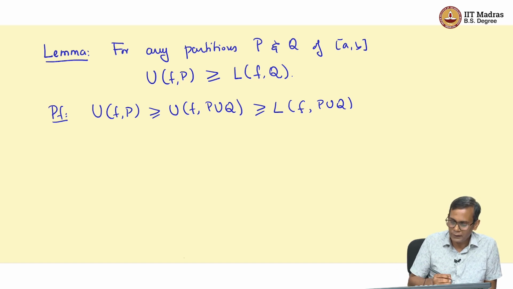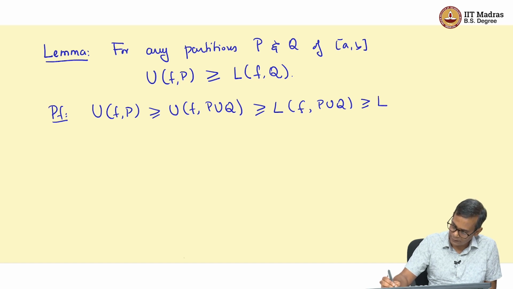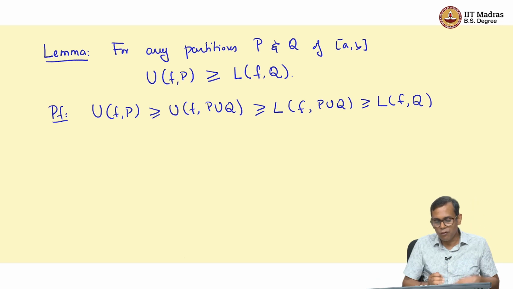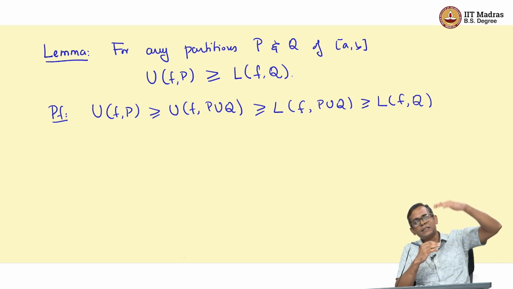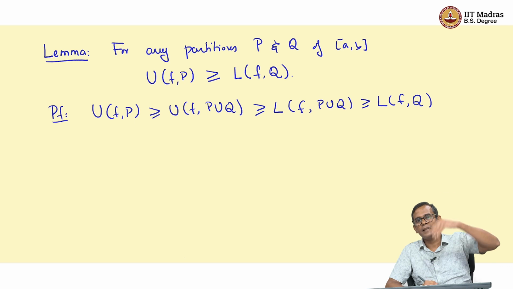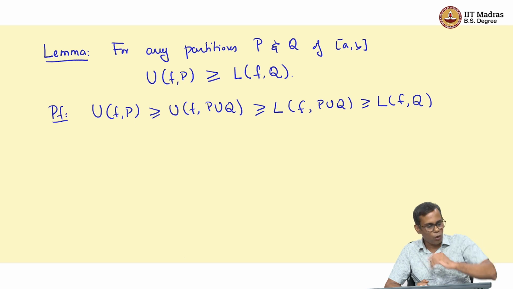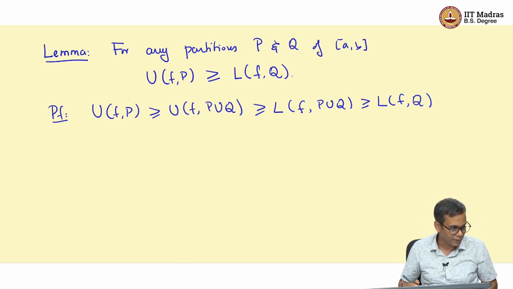And then again, by the previous lemma, P union Q is a refinement of Q, so we get that this is greater than or equal to L(f,Q). So we have all these upper sums and we have all these lower sums. Each upper sum is greater than each lower sum, not just the corresponding lower sum, but all the lower sums.